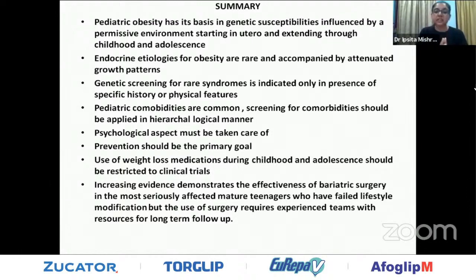Use of any drugs as a treatment for pediatric obesity should be restricted, and should be done by experienced physicians or in clinical trials. And now we are getting evidence of the effectiveness of bariatric surgery, especially in the most severely affected mature teenagers who have failed lifestyle modification. But again, the use of surgery requires an experienced team with resources for long-term follow-up.